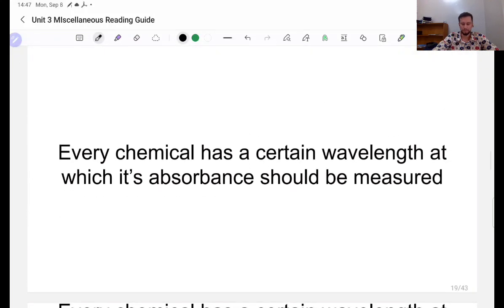Every chemical has a certain wavelength at which its absorbance should be measured. So different chemicals absorb at different wavelengths. This is very important to make sure you're actually measuring how much light it absorbs by looking at its peak absorbance on a curve. This is also a way that you could identify what chemical is in the liquid, because different liquids have different absorbances.